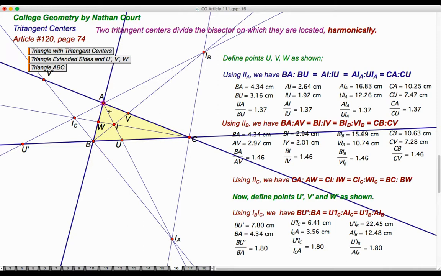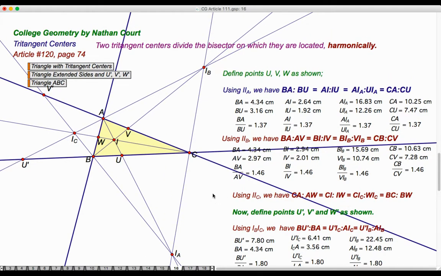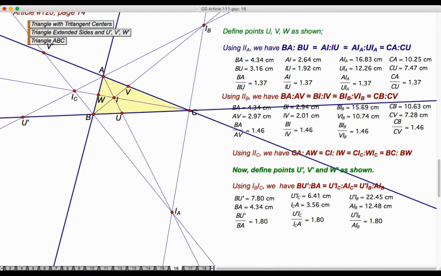In that case, I need to make use of point B. So that will be BU prime times BA is equal to U prime I sub C is to A I sub C, as U prime I sub B is to A I sub B. That is making use of B. This time I can make use of C. But everything is the same, and that's how beautiful this theorem is. Thank you very much. See you next time.